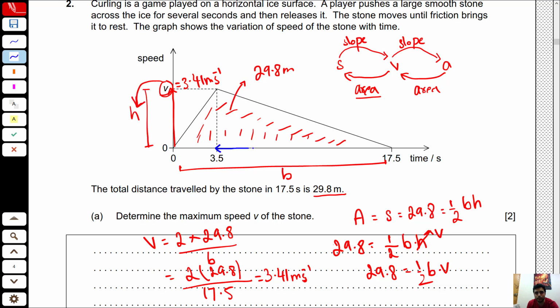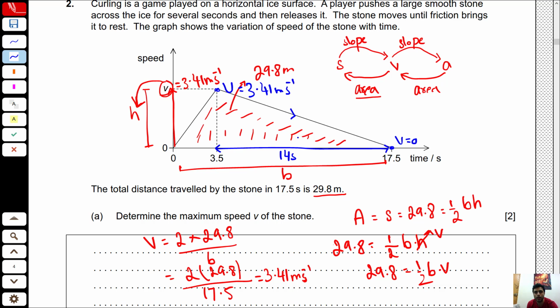During this part, this time interval, which is 17.5 minus 3.5, which is 14 seconds, the body is decelerating. The velocity is decreasing at a constant rate until the final velocity is 0, whereas the initial velocity here equals the maximum velocity the body had, which is 3.41 meters per second.